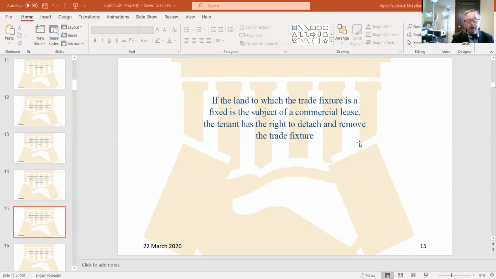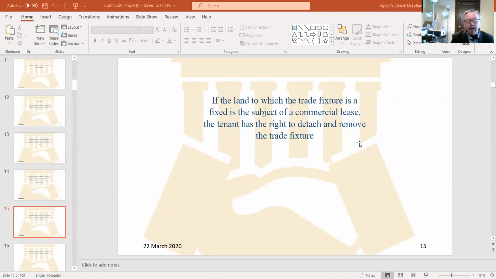Most trade fixtures, if they are in a location that is being rented, for instance, by a tenant carrying on a business. So, somebody owns a large factory shell, we'll say, and they have a tenant who pays rent to be using that shell, and they bring with them their own large pieces of machinery, even though those pieces of machinery are bolted into the floor of the factory.